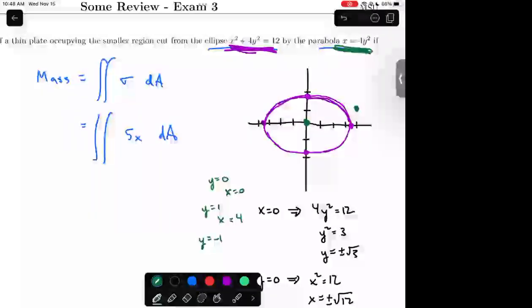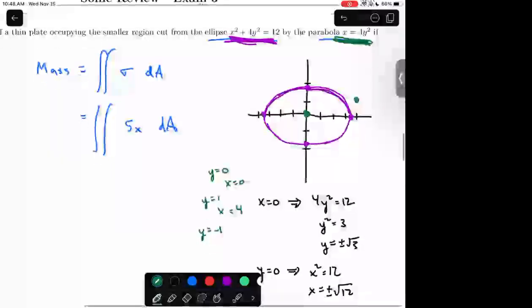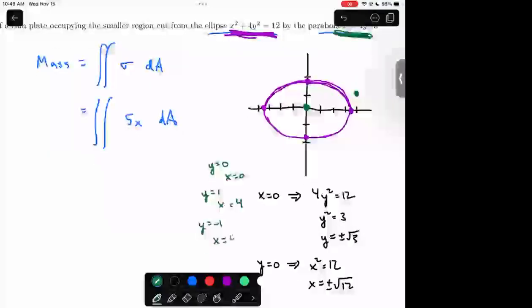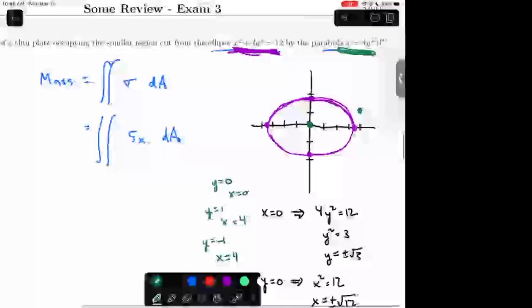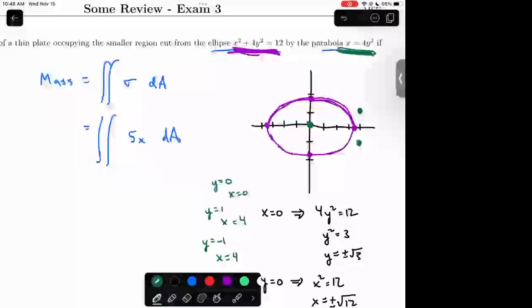I would normally write that (4, 1) as an ordered pair. That's going to be over there. And at y equals -1, again, I'm going to have 4 times -1 squared. -1 squared is 1, so that's 4 times 1 is 4. And so down here, at y equals -1, we have an x value of 4. So that means that my parabola is going to look something like this.